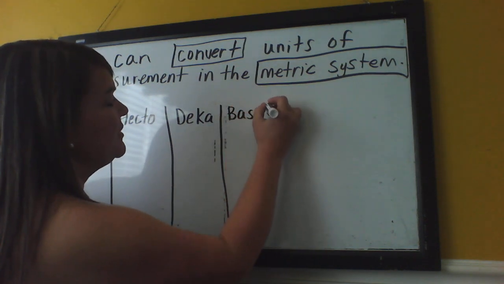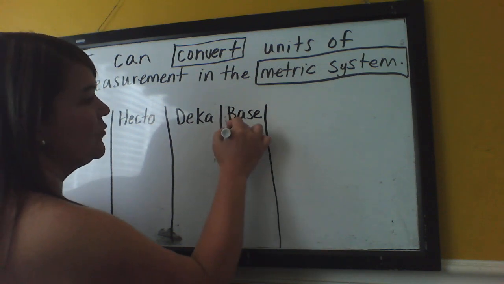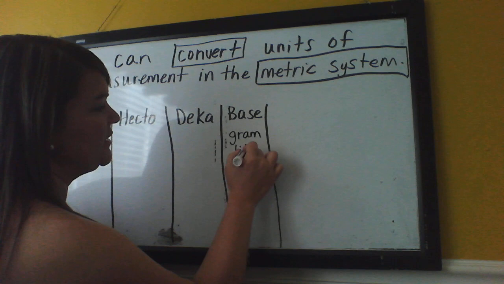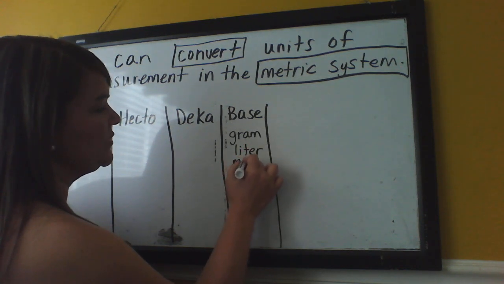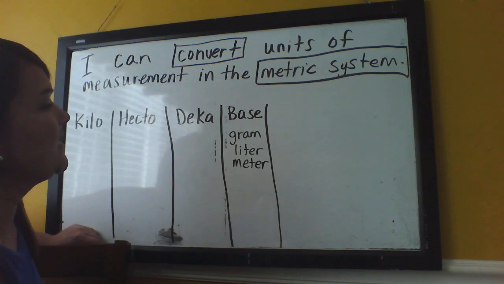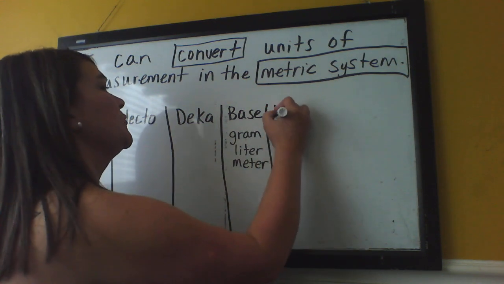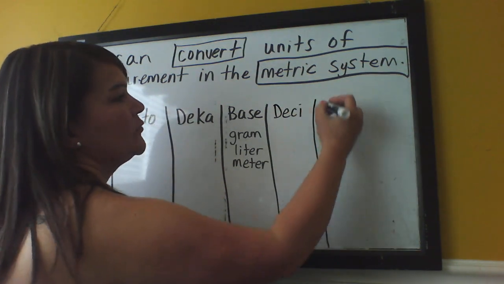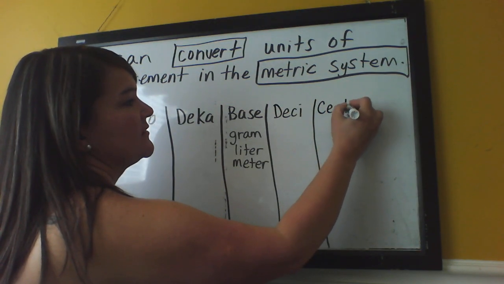And what I mean by base is that's going to be where gram would go. That might be where you see liter, or that might be where you see meter. So kilo, hecto, deca, base. Then we have deci. Then we have centi.